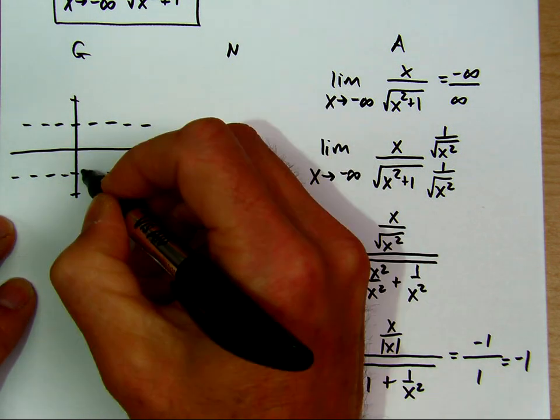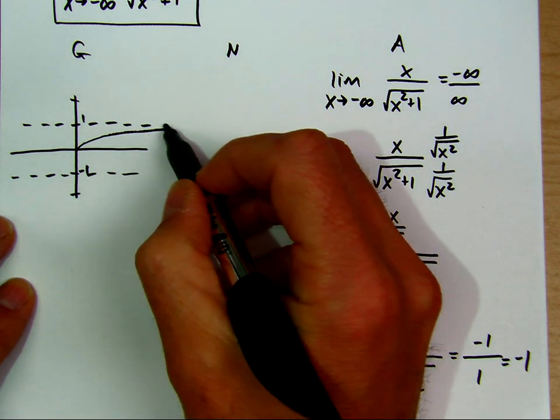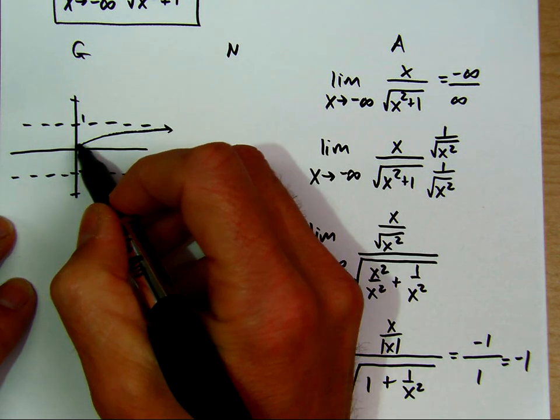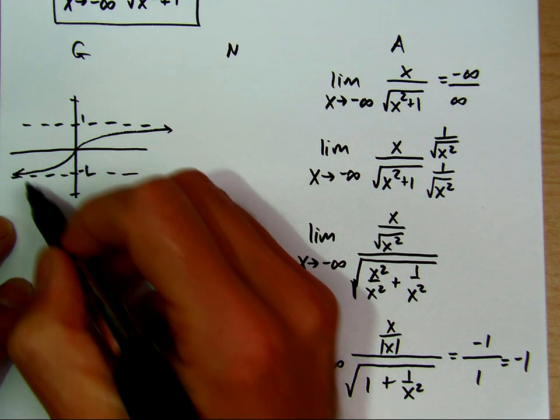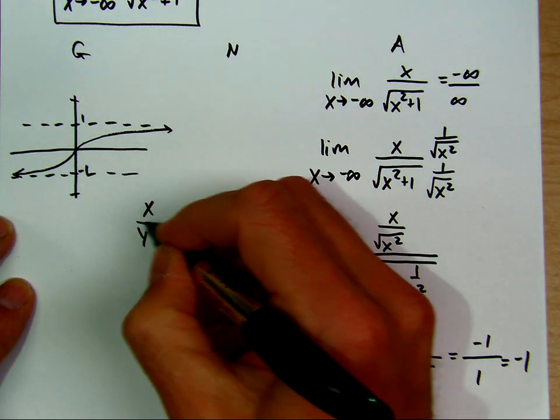So that's negative 1 and positive 1. And to the right, it's going to positive 1. And to the left, it's going to negative 1. And we see that with the table.